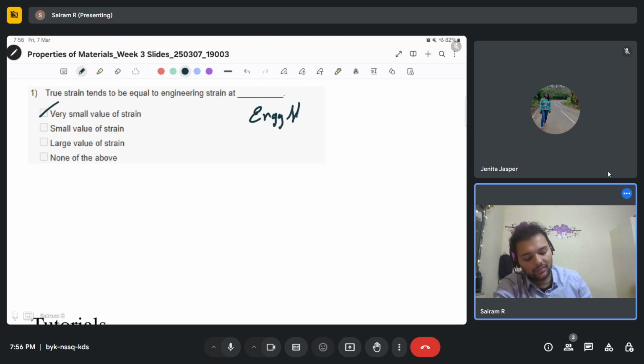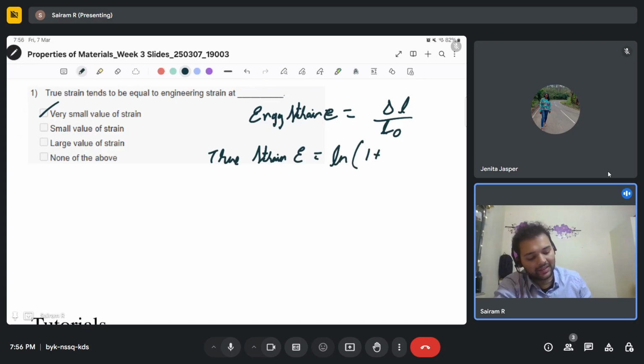engineering strain e equals del L by L naught, and true strain epsilon equals ln of 1 plus e. And how did this even come about? It is basically epsilon equals ln of Lf by L naught.